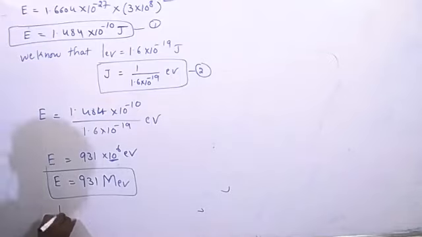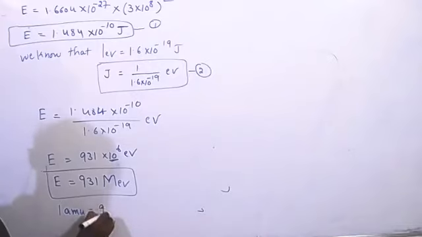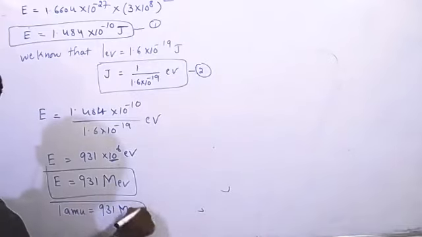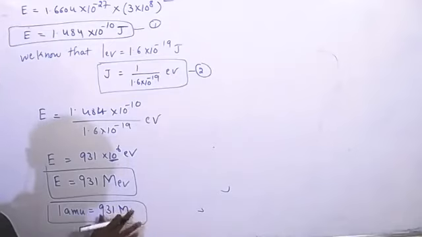So 1 AMU equals 931 mega electron volt. They ask even this type of thing.